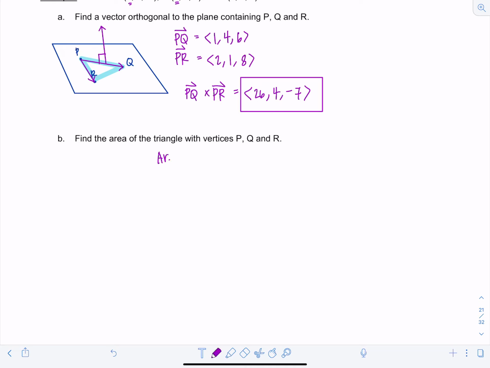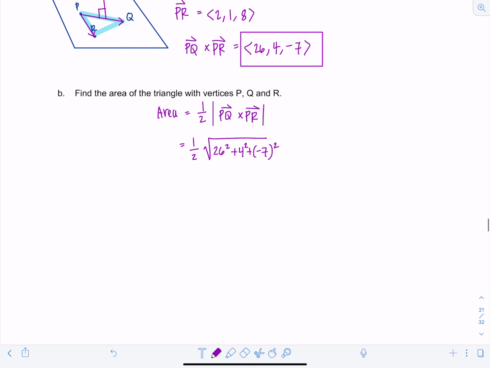So the area is equal to 1/2 of the magnitude of PQ crossed with PR. And cool thing is, we already have that cross product, so let's go ahead and use it. So I have 1/2 times the square root of 26 squared plus 4 squared plus -7 squared. And this comes out to being something kind of messy, so we'll just round it to 13.6.